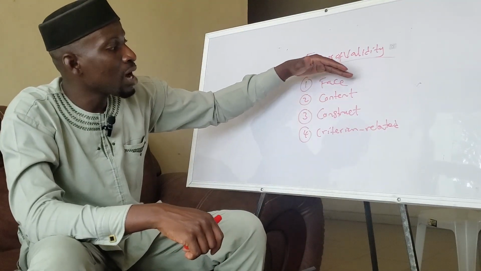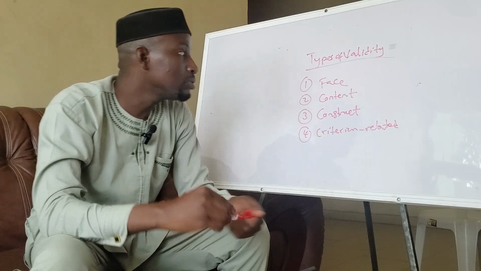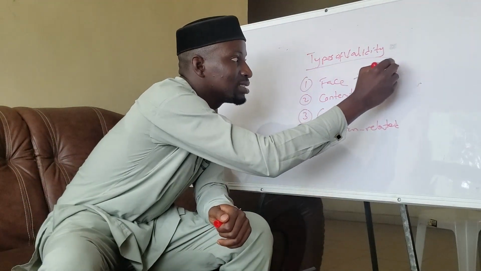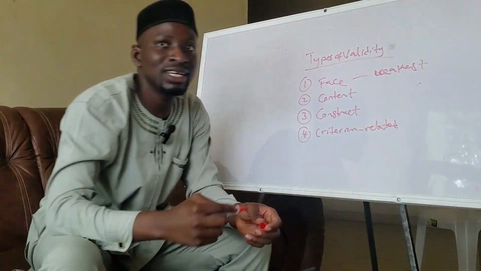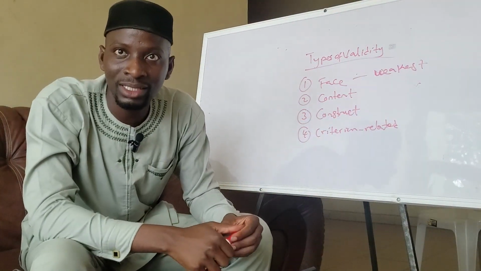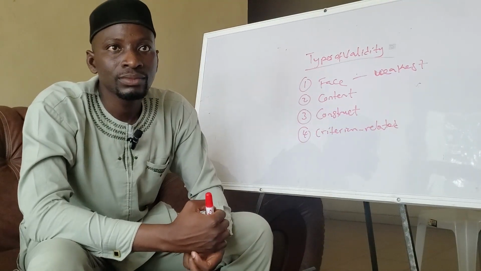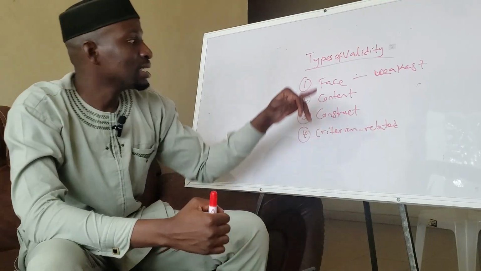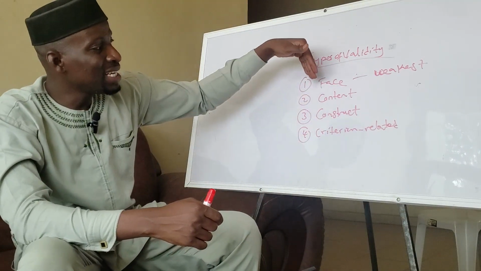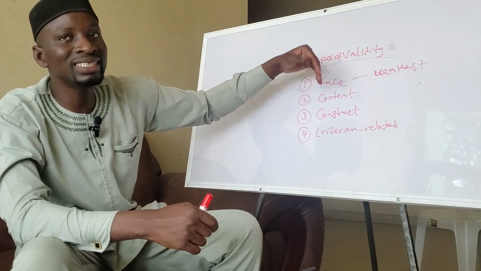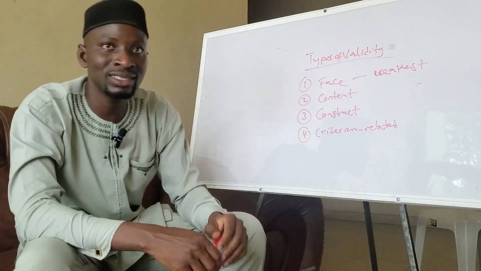If a test does not have good face validity, though face validity is the weakest form of validity evidence, it is also important. They will say you cannot judge a book by its cover. A test that lacks face validity may not be a good test or may not be a valid test just because of that face validity.